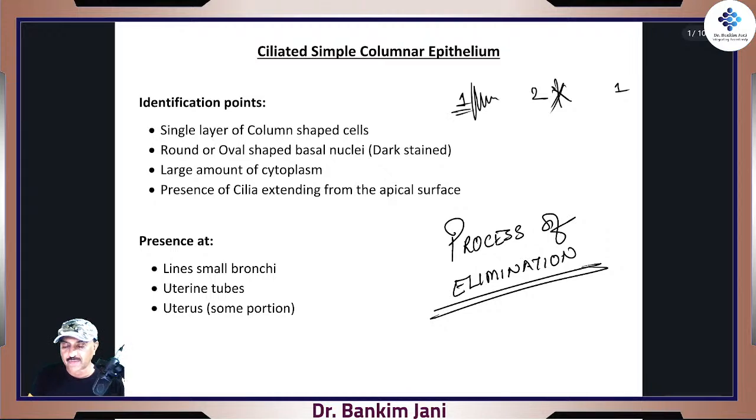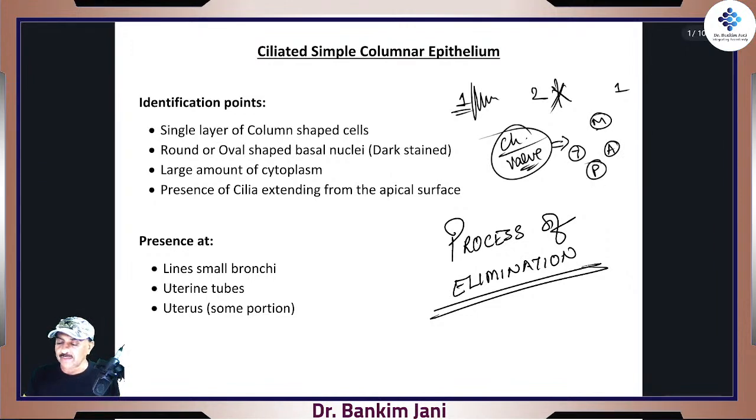If it is after the first heart sound, which chamber should be involved? If that chamber is involved, which valve can be involved? Okay, we might say this could be right or left. But in that case, go for the areas: the mitral area, the tricuspid area, the aortic area, the pulmonary area. So is it in the mitral area or the tricuspid area? You'll say it is in the mitral area.